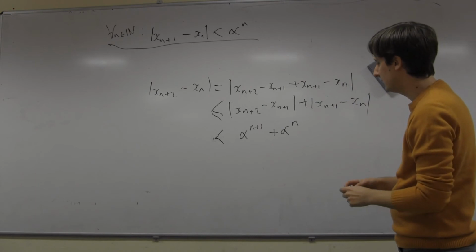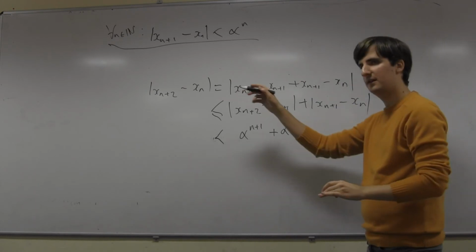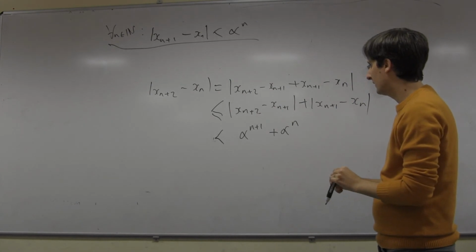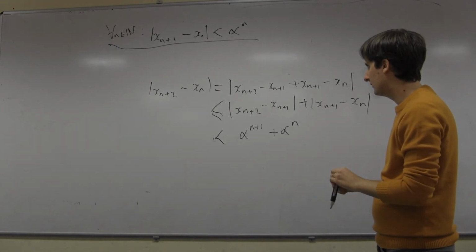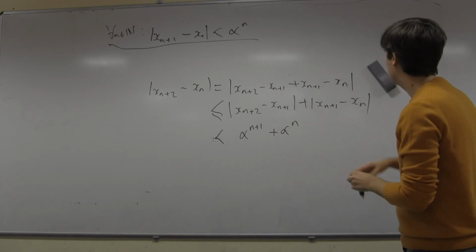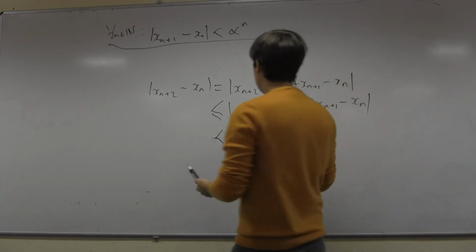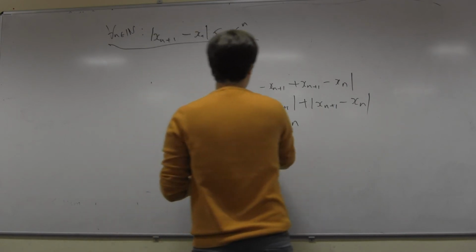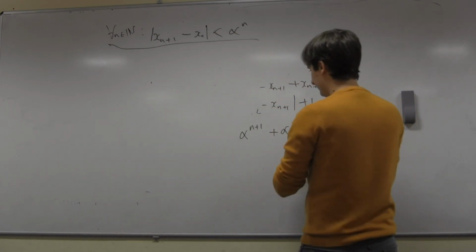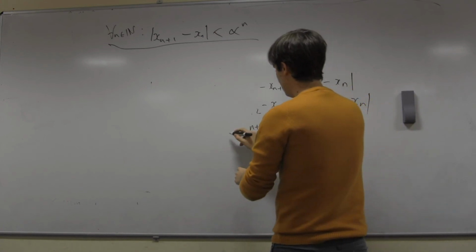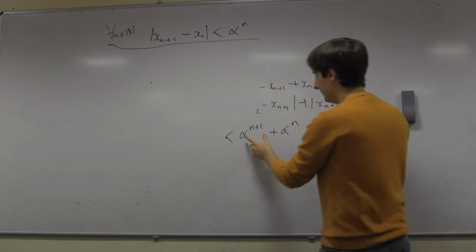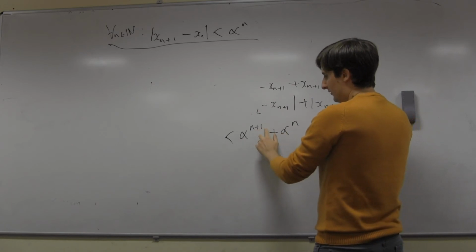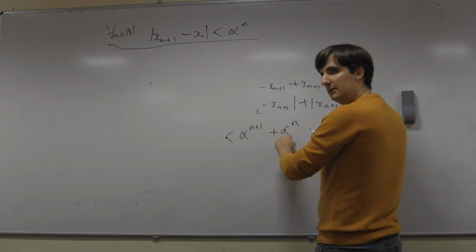So it looks like we could carry on doing this. But before we continue, look, alpha to the n plus 1 has got to be less than alpha to the n.